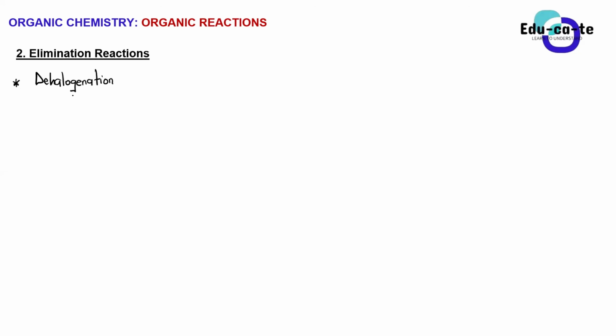A halogen is usually represented using the letter X, so we are removing X2.